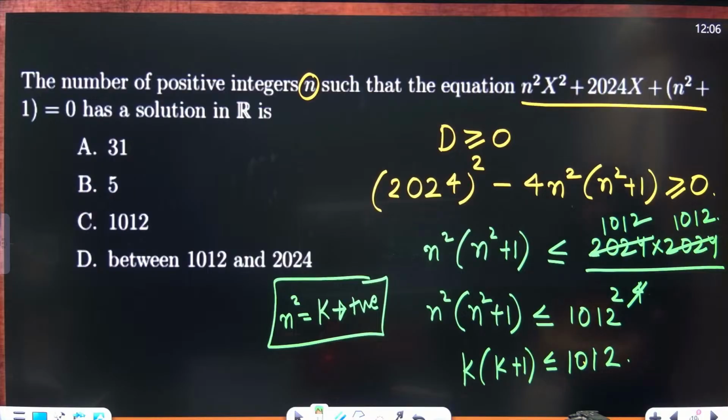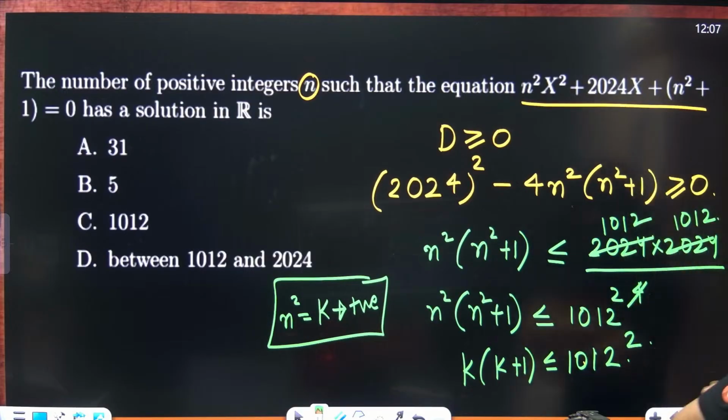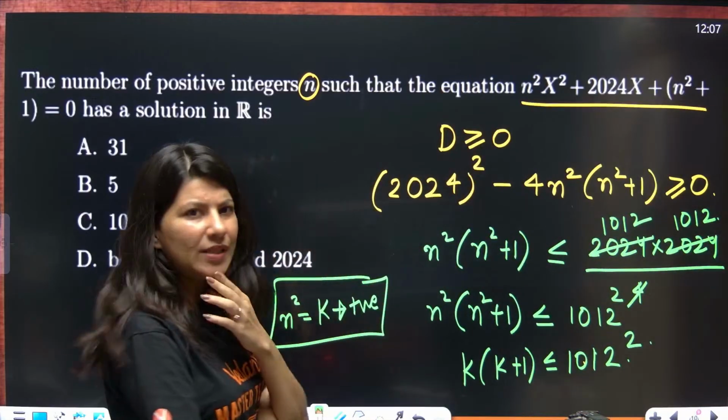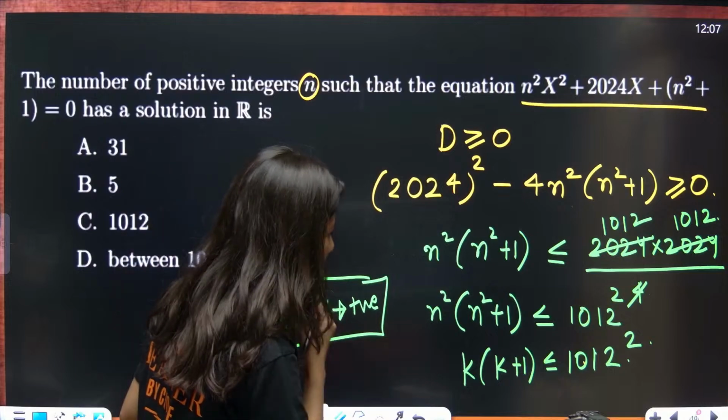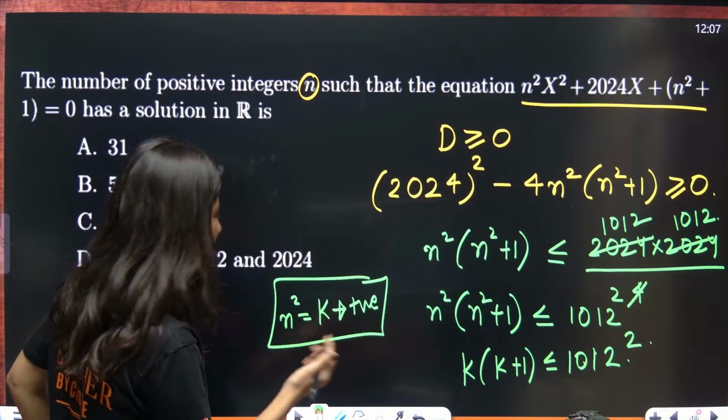So the number of positive integers, 1012 whole square, sorry. Okay, so if I put k equal to 1012, then will it satisfy? No, 1012 will not satisfy. 1011 will satisfy actually.